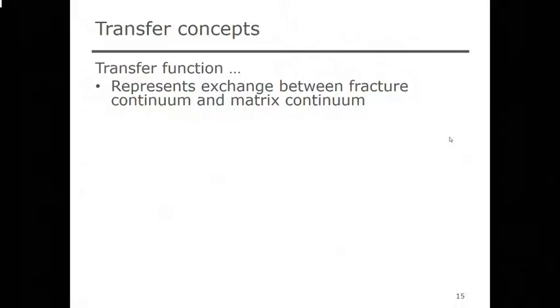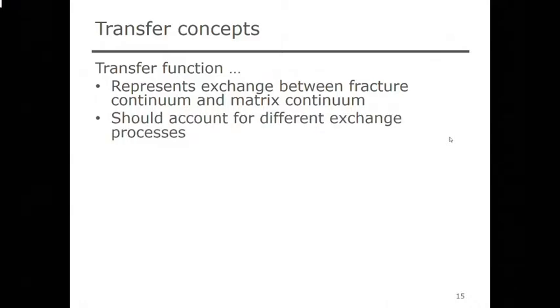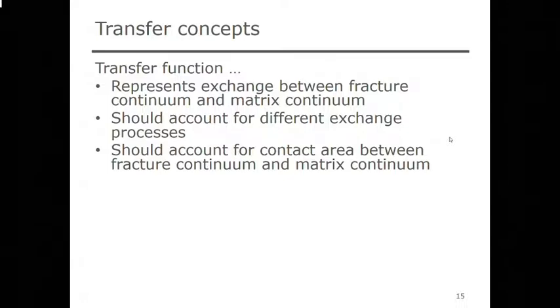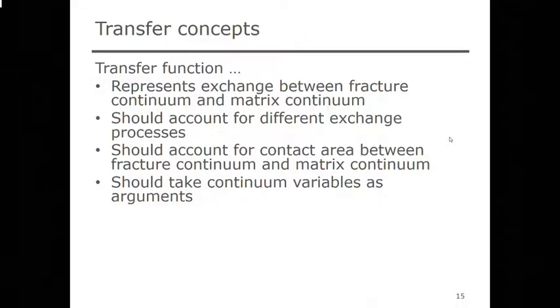So in these transfer concepts, the transfer function represents the exchange between the fracture continuum and the matrix continuum. It should account for different exchange processes. It should account for the contact area between the fracture continuum and the matrix continuum. And it should take continuum variables as arguments.